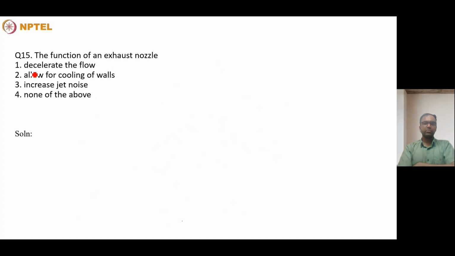The function of an exhaust nozzle in the case of an aircraft engine is to decelerate the flow, allow for cooling of the walls, increase jet noise, none of the above.